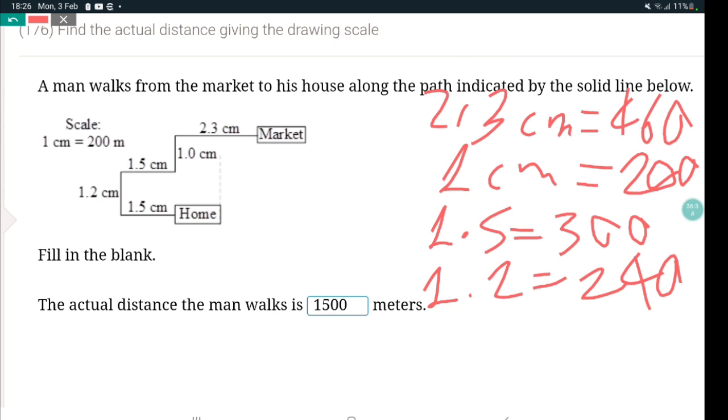Okay, now let's add. Instead of the drawing size, it's going to be the real size.